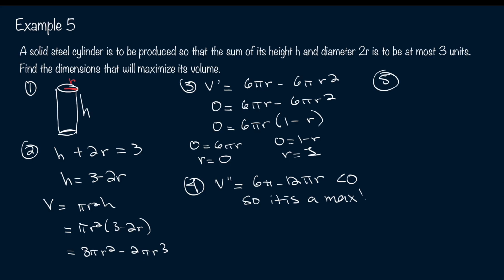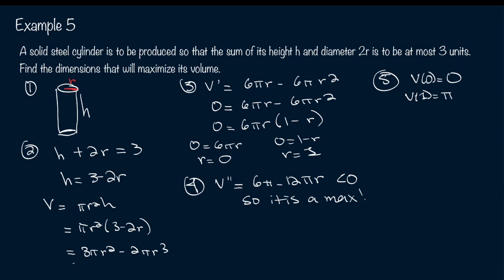Finally, when we plug our 0 into our volume equation, we get 0. When we plug 1 into our volume equation, we get pi. So we know that r equals 1 gives us our max, not 0. So now we're just worried about 1.